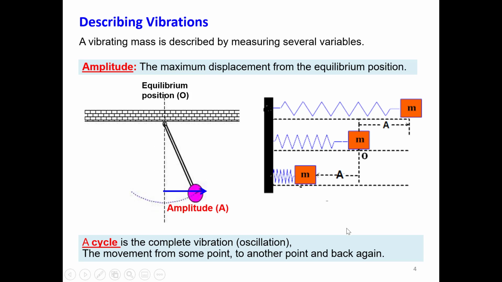A cycle is a complete vibration, a back and forth motion, or a complete oscillation. The cycle is moving from one point to another point and back again to the original point.